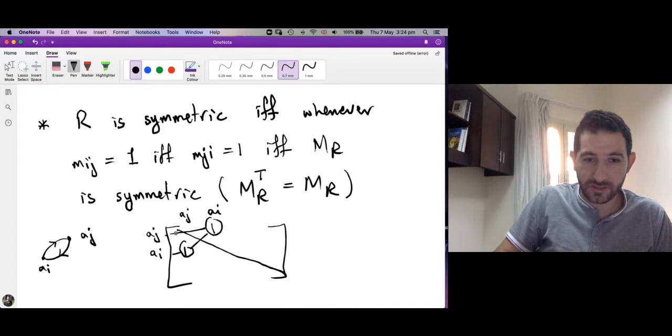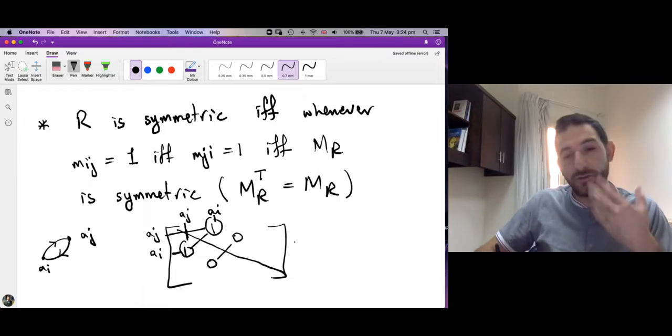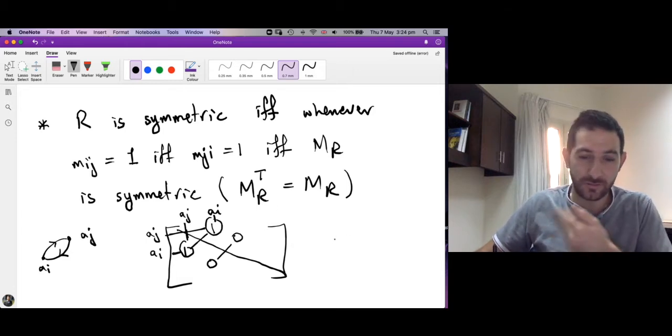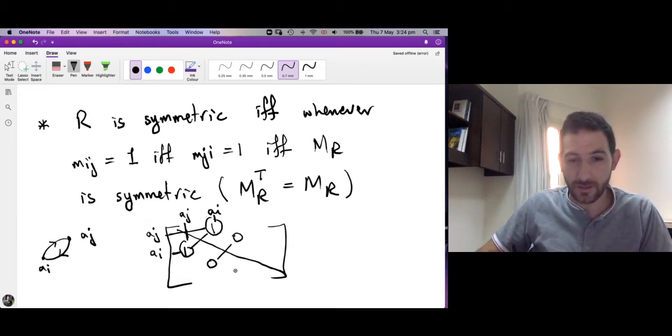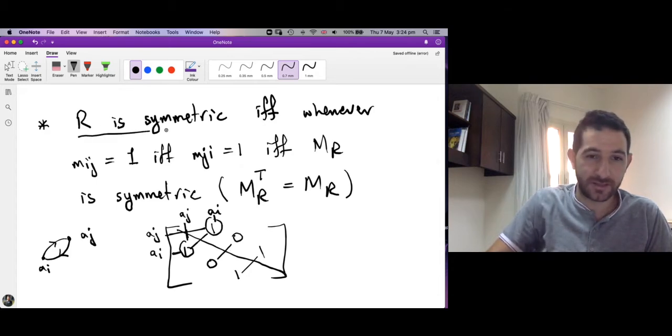Okay, so this is the jth row and this is the ith row, and this is the jth column and this is the ith column. And if we have a 0 here, then its mirror image should be 0, because if we don't have an arrow and the relation is symmetric, then there shouldn't be an arrow in the reverse direction. So this is the picture of a symmetric matrix representing a symmetric relation.